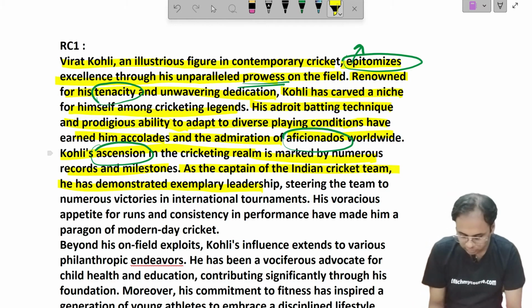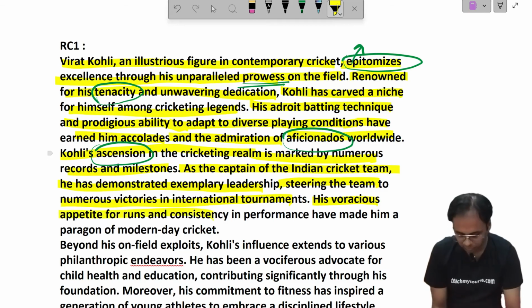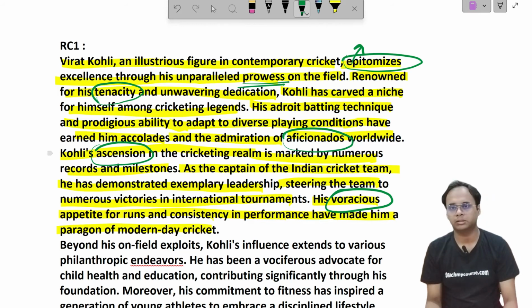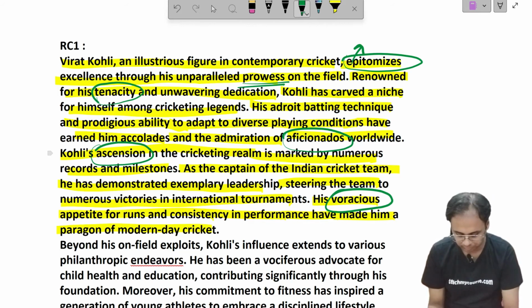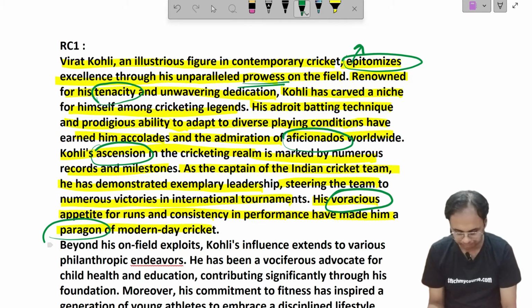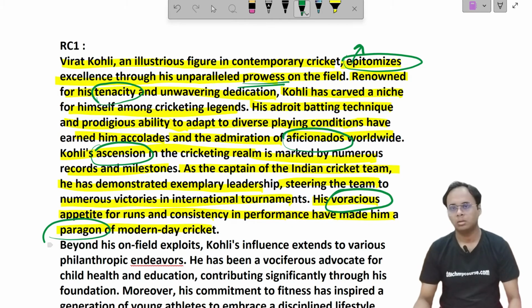Steering the team to numerous victories in international tournaments. His voracious appetite for runs and consistency in performance have made him a paragon of modern day cricket. What does voracious mean? His hunger, like he is really hungry. Paragon means some sort of idol, like we can idolize Virat Kohli. He is a model of modern day cricket.